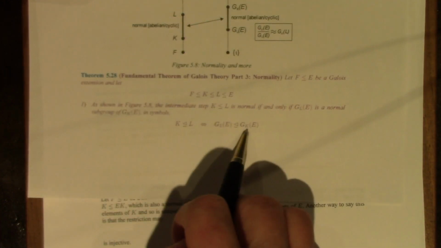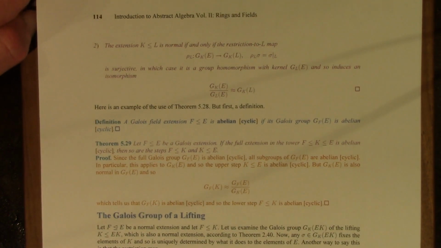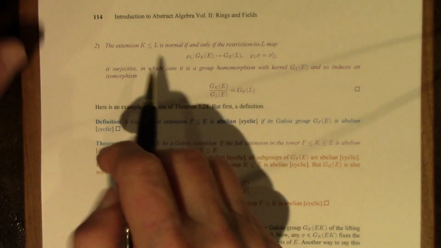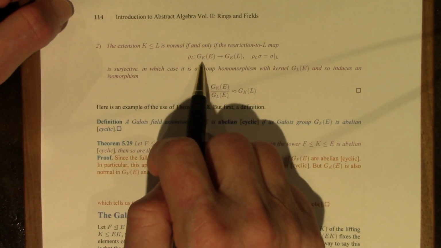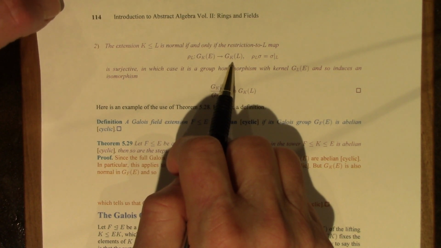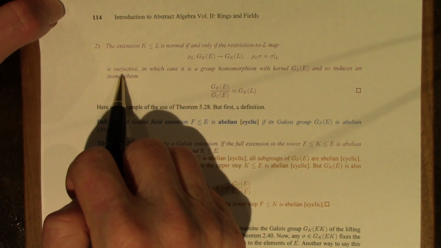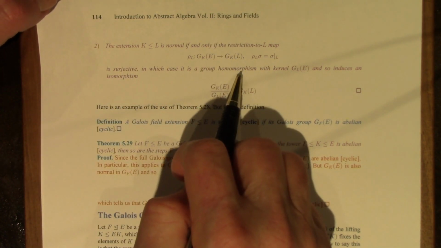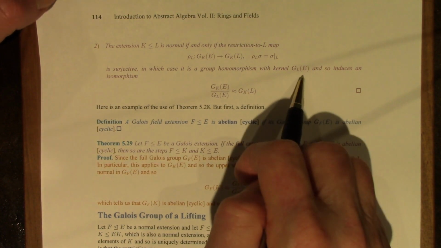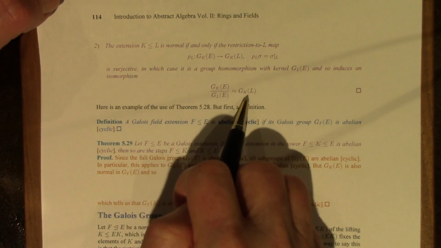So that's what this is. Or another way to say it is that this extension is normal if and only if the restriction to L map is surjective. And in that case, it's a group homomorphism. This is its kernel, and we have this relationship, this isomorphism.